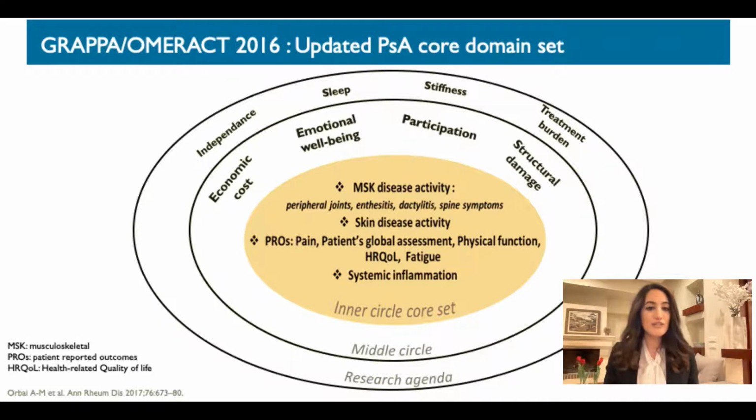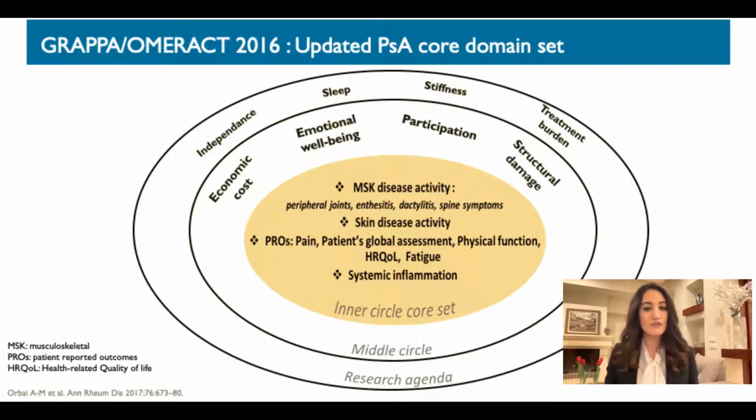And they include musculoskeletal disease activity, which comprises peripheral joints, dactylitis, enthesitis, and axial involvement, and also skin disease activity, systemic inflammation, and 5 patient-reported outcomes that are pain, patient global assessment, physical function, fatigue, and health-related quality of life.